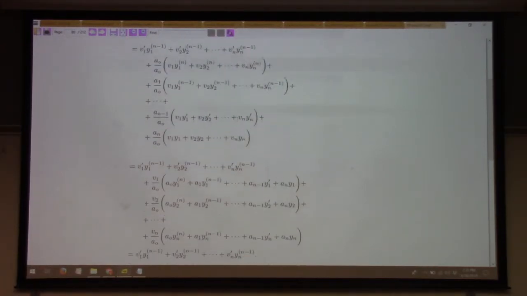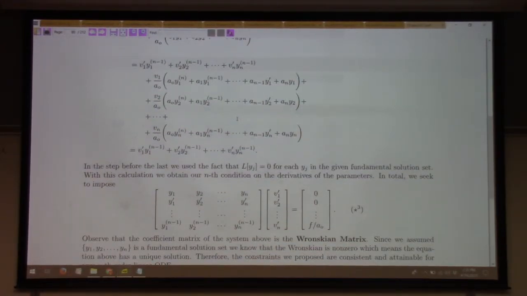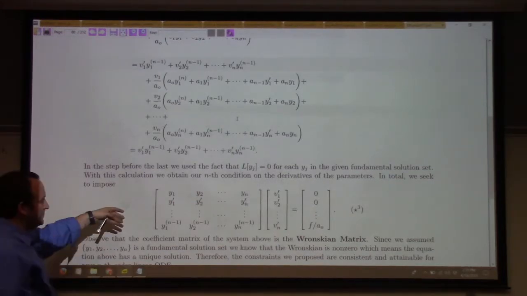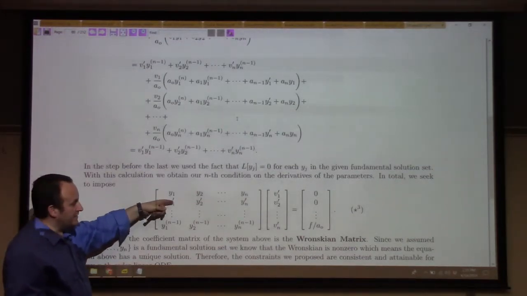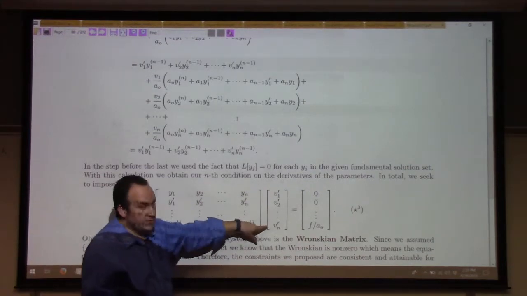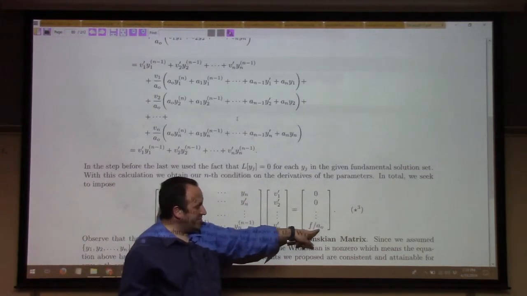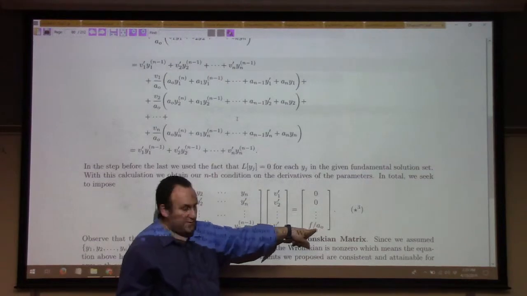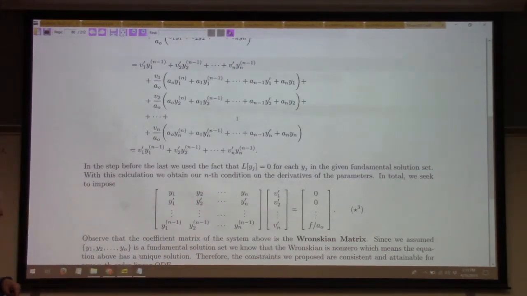When you impose everything that you have, you finally find your way back to this formula here, and if you could see up above, it was equal to f over a_0. So if you take that, which comes from the differential equation, plus the n-1 constraints that I've written down, and put them all together, it gives you this matrix equation that relates the derivatives of the parameters that you don't know and the given inhomogeneous term, and the leading coefficient of the differential operator defining your nth order problem.